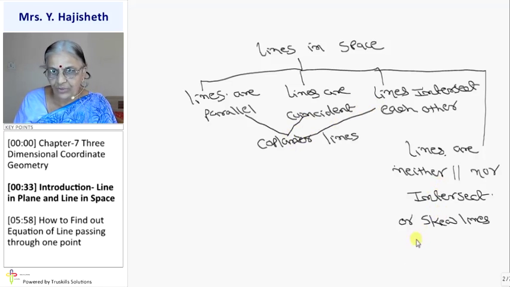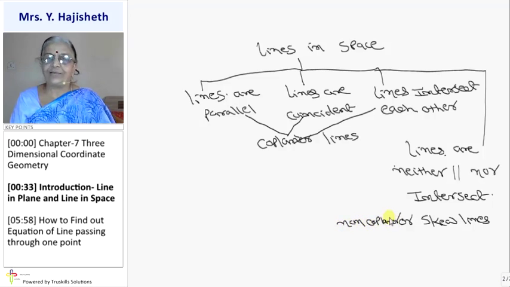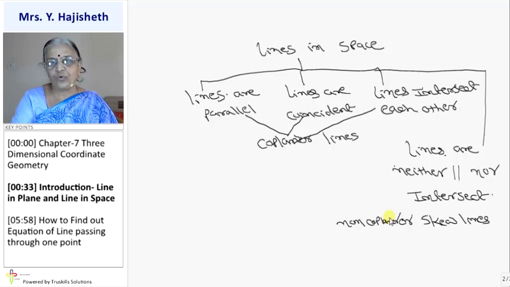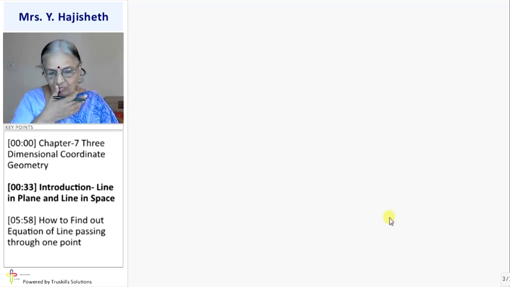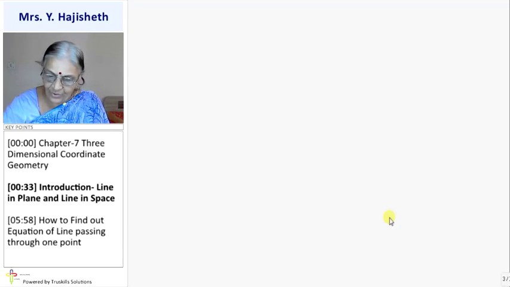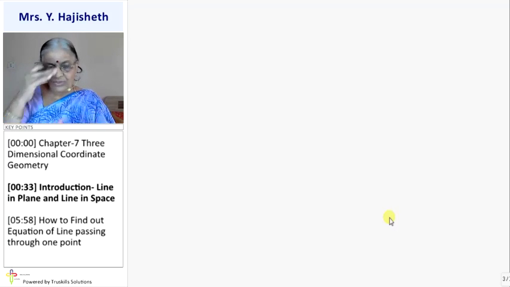These skew lines are non-coplanar lines, meaning they are not in the same plane; they are in different planes. So there are four possibilities for lines in space. And you have seen how lines can be neither parallel nor intersecting, with my example of two hands, one above the other.